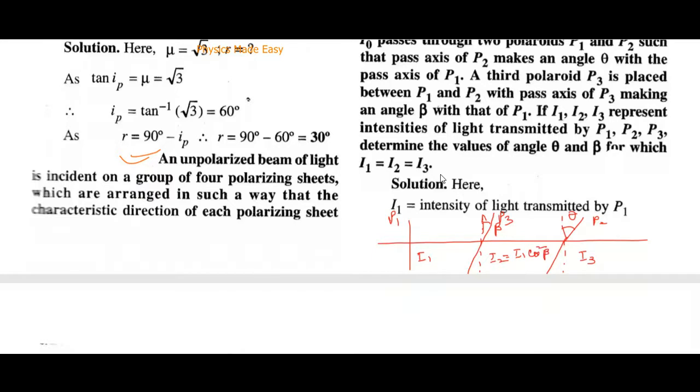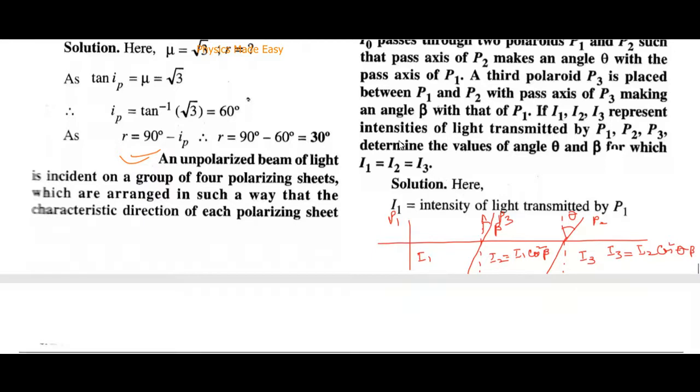Intensity of light coming out here will be I3, is equal to I2 cos square theta minus beta. Now these are the three passes.